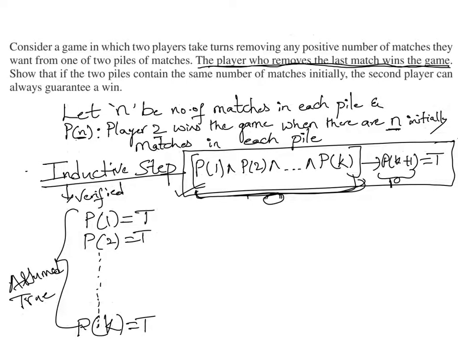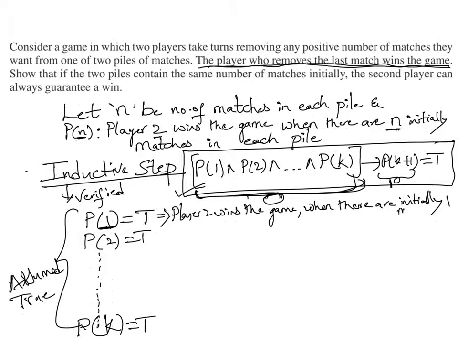Now what is this? P of 1 is equal to true means, what does it mean? Player 2 wins the game when there are initially 1 match in each pile, right?